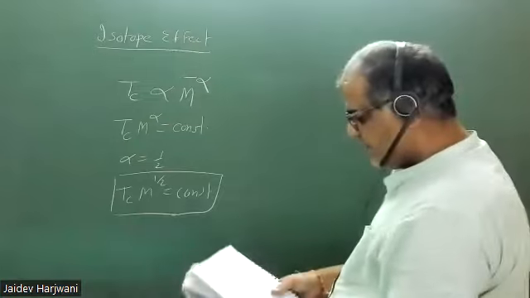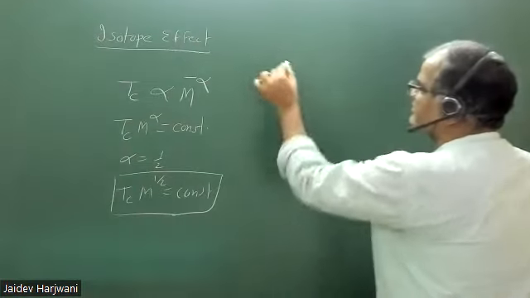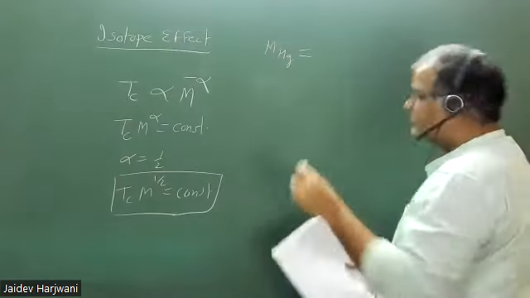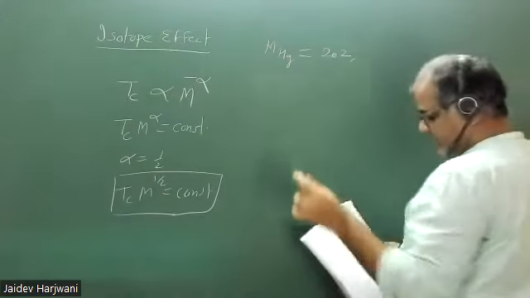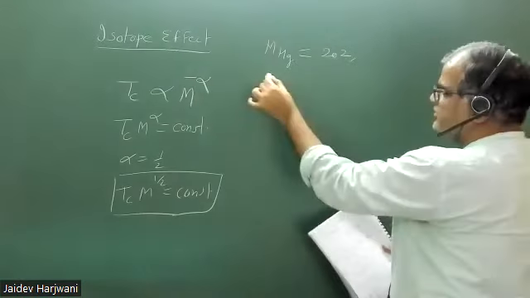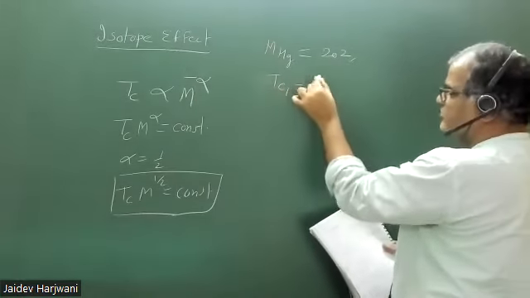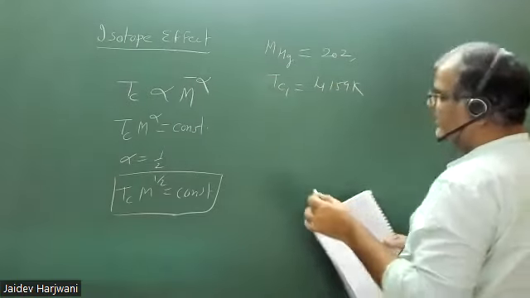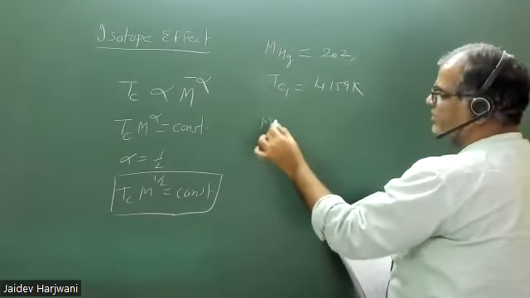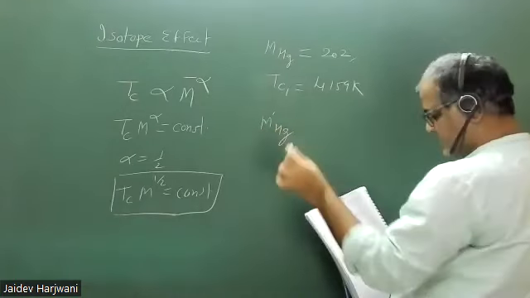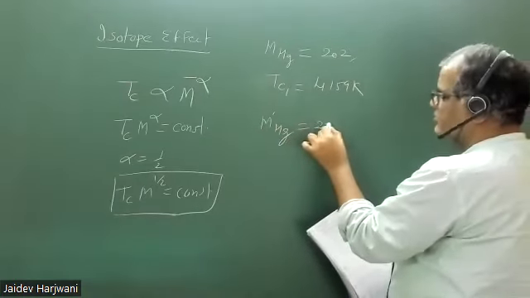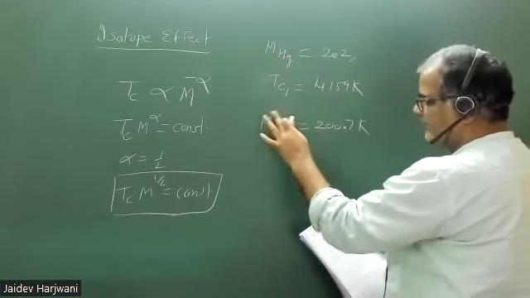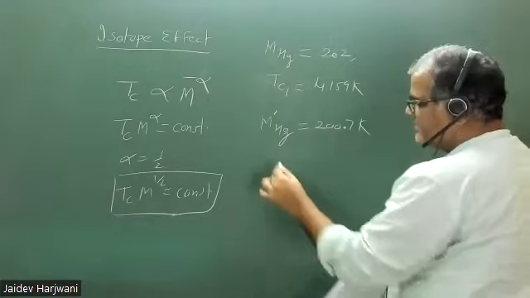For example, for mercury, one isotope has the mass 202, and the transition temperature Tc1 equals 4.159 Kelvin. Now if I take some other isotope of mercury whose mass is 200.7, then what is its Tc?